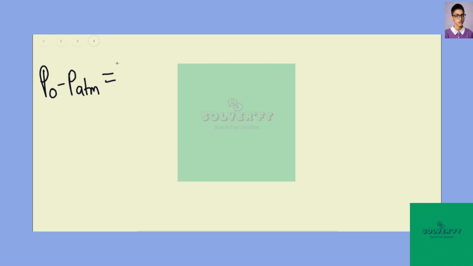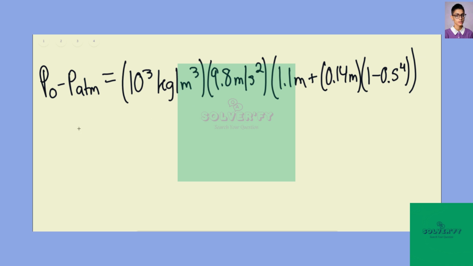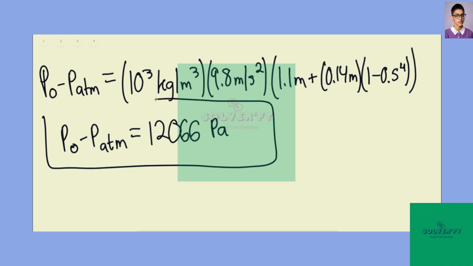So this would be 10 to the 3rd kilograms per cubic meter times 9.8 meters per second squared times 1.1 meters plus 0.14 meters times 1 minus 0.5 to the 4th power. And we find that this difference in pressure is going to equal 12,066 pascals. So this would be our final answer after everything.